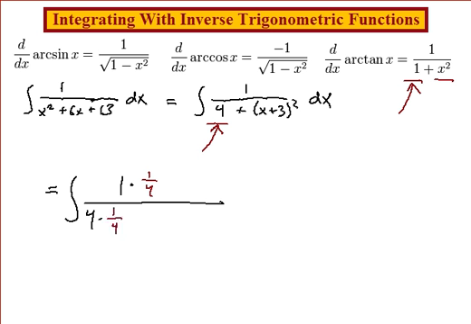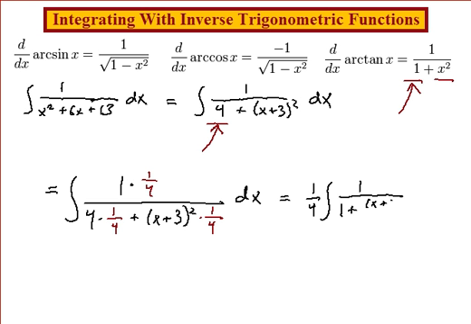And we're going to take the x plus 3 squared and multiply it by 1/4. This cleans up a little bit. The 1/4 on top can come out. We're still left with just 1 up top. This becomes 1, just like we wanted it. And then we have x plus 3 squared over 4.